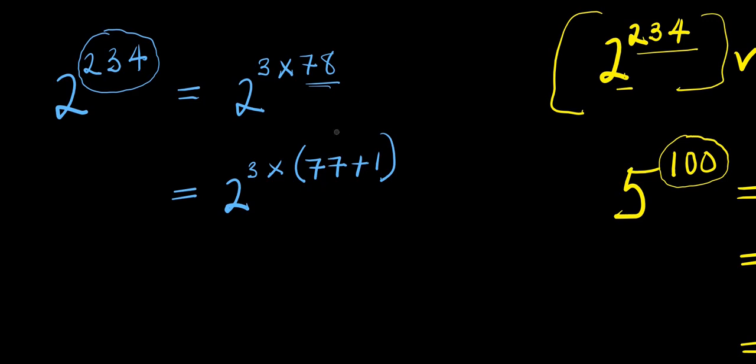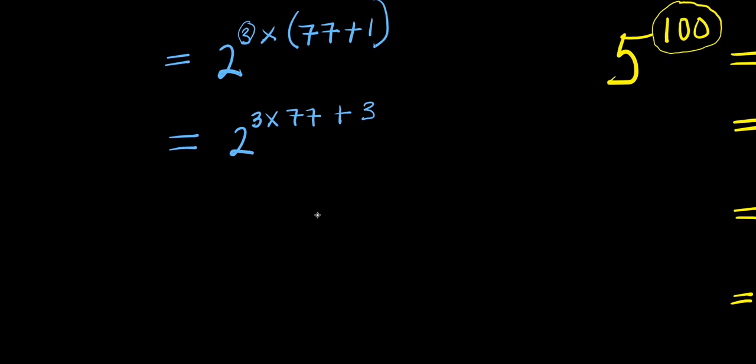So from here, I can simply have it as 2 to the power of, let's use this 3 to expand, 3 times 77 plus 3 times 1, that is 3. Have you seen it?